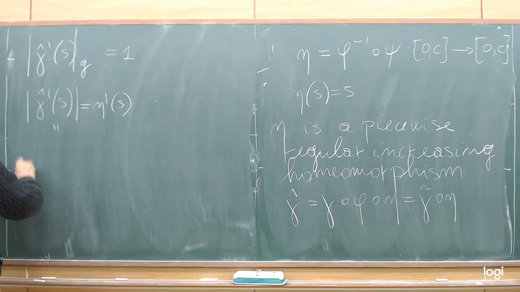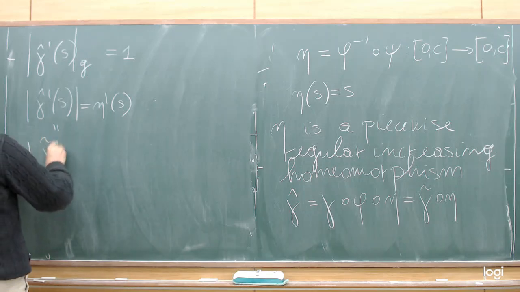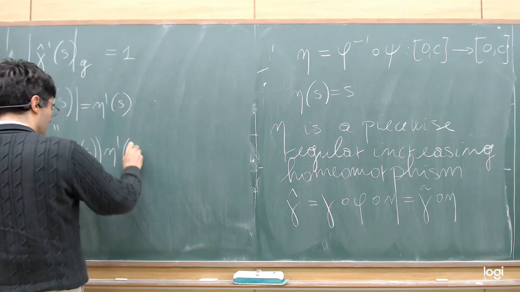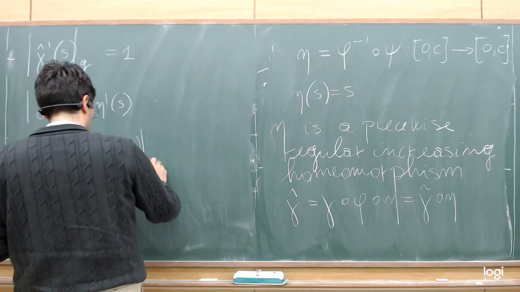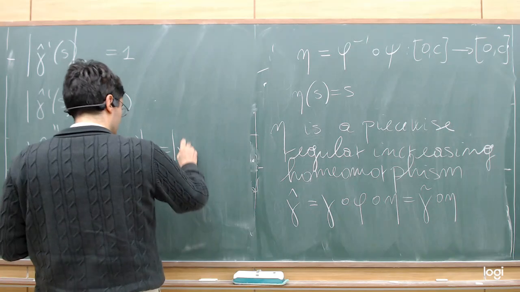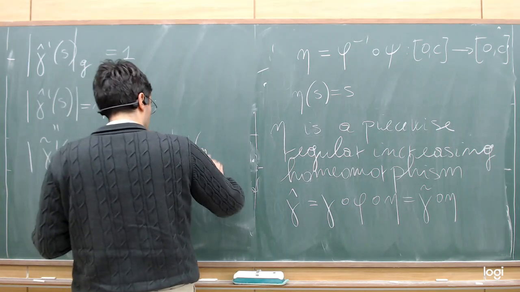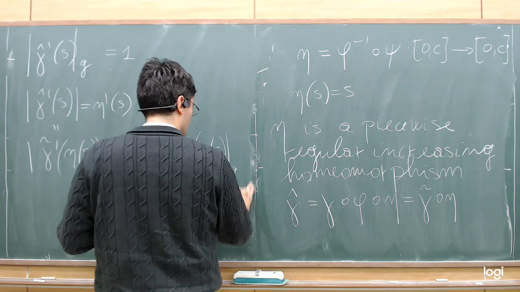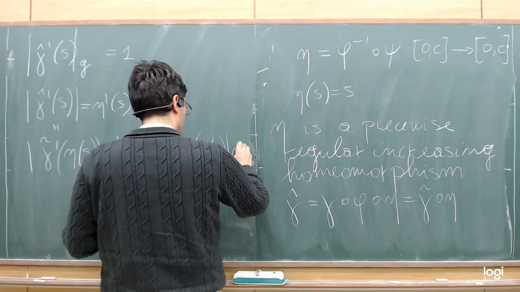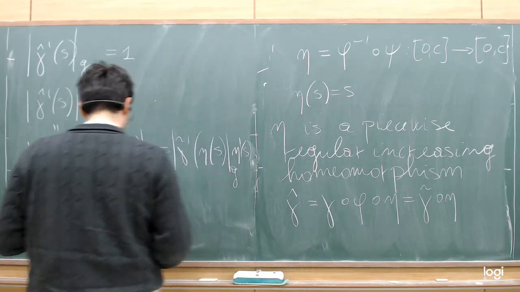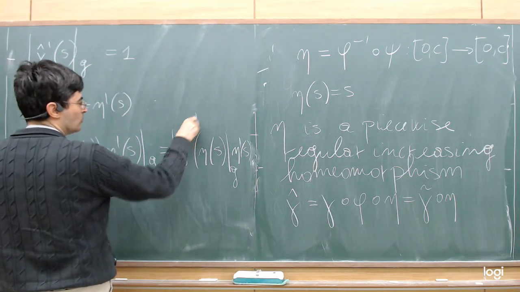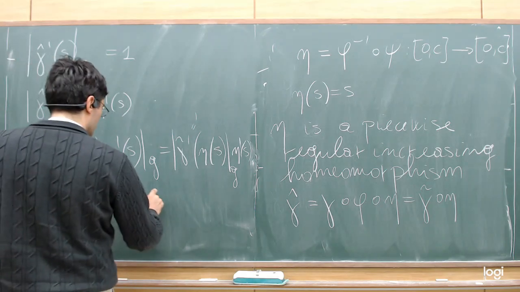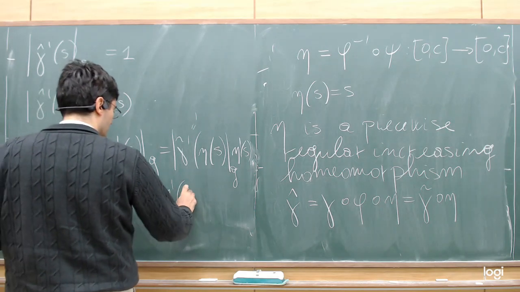This is equal to gamma tilde prime of eta of s times eta prime of s. This is equal to 1 by construction, and this is eta prime of s.